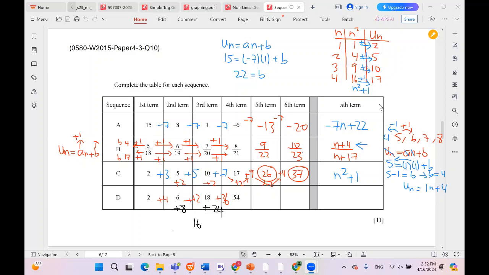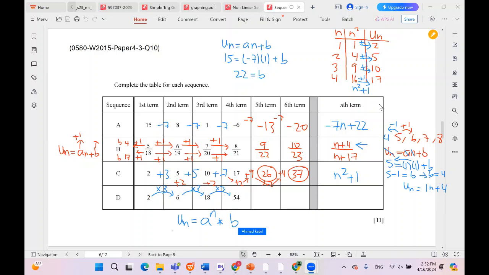So when the differences don't work, you have to start thinking about the times. If we go from 2 to 6, we have times 3. From 6 to 18, we have times 3. 18 to 54, we have times 3 as well. So this tells us that this is an exponential sequence, and all the plus values were irrelevant here. We just had to do times 3, times 3, times 3. And the formula of exponential sequences is un equals a power n times b.